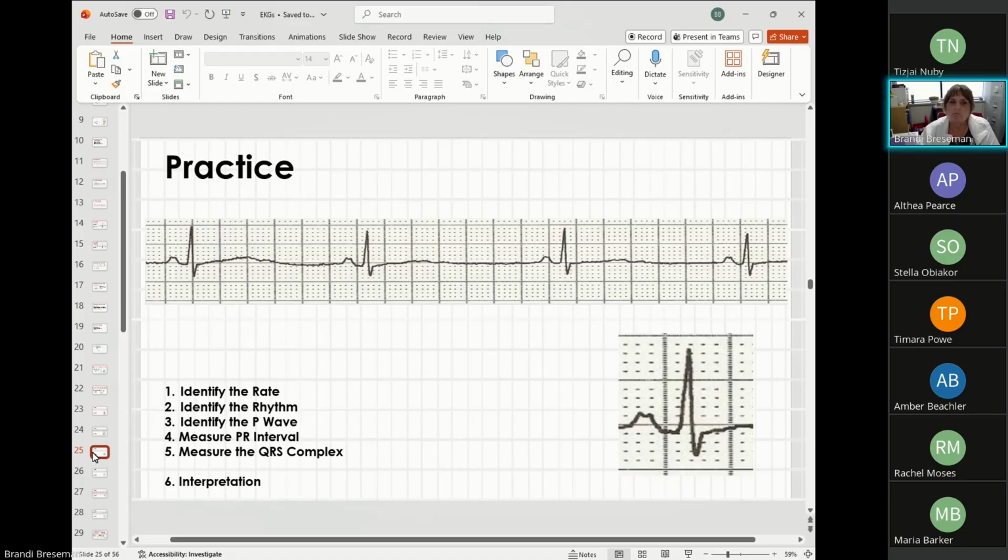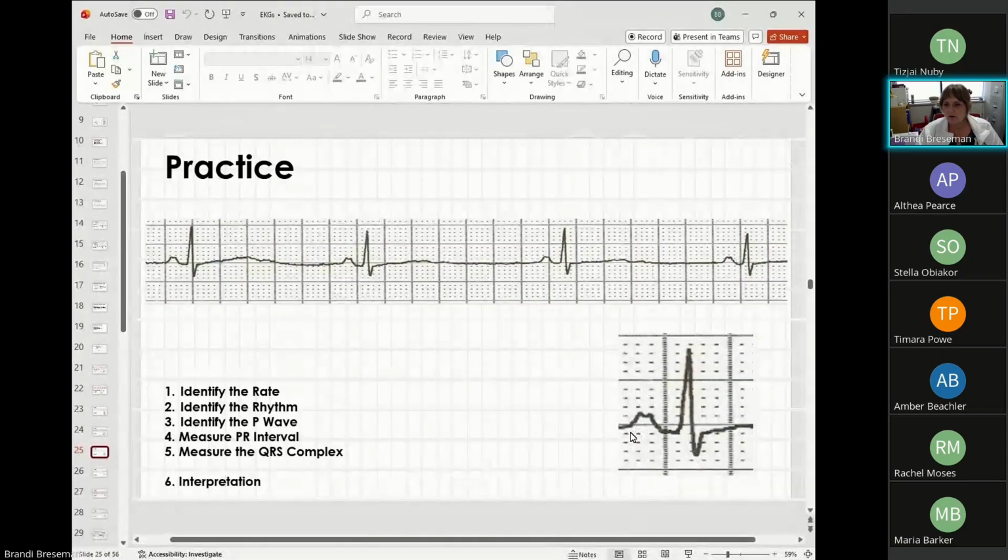Okay, so the rate on this is 40 beats a minute. The rhythm is regular. The P wave is upright, and you have one in front of every QRS. The PR interval, I think I counted like 4 squares, which would be 0.16, which is normal.